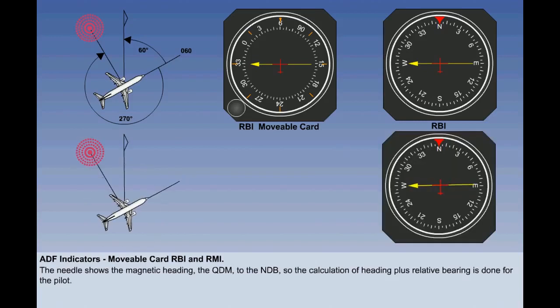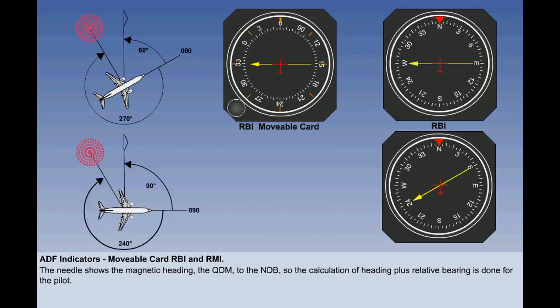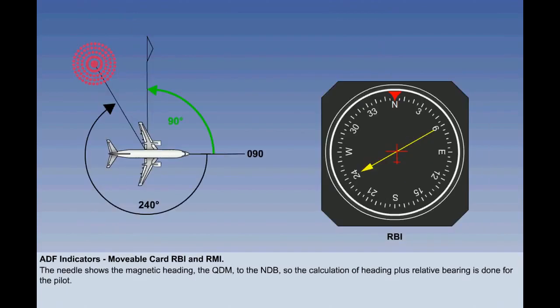If our pilot turns from 060 to 090 degrees, we see that the beacon now has a relative bearing of 240 degrees to the nose of the aircraft. The NDB is in the same place. It is just the aircraft's heading that has changed.